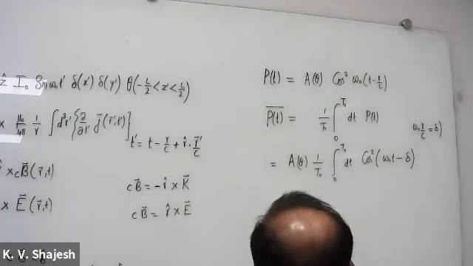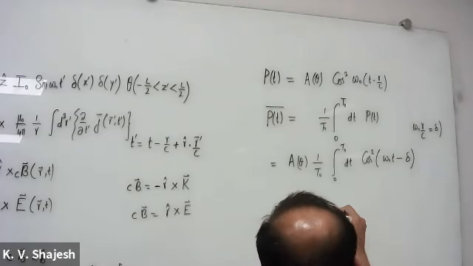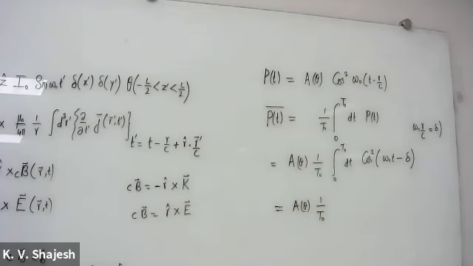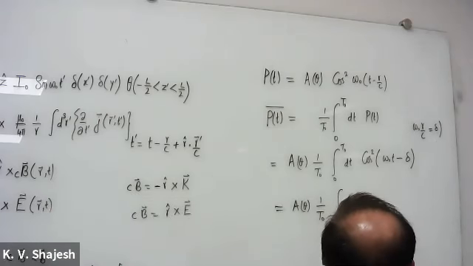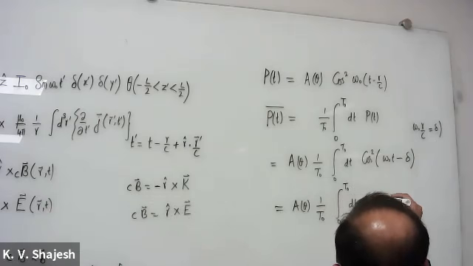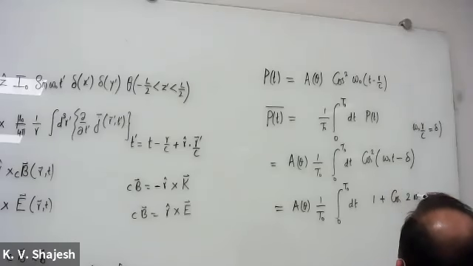Expand this out as an identity: the integral from 0 to t naught of dt times 1 plus cosine of 2 omega naught t plus delta.